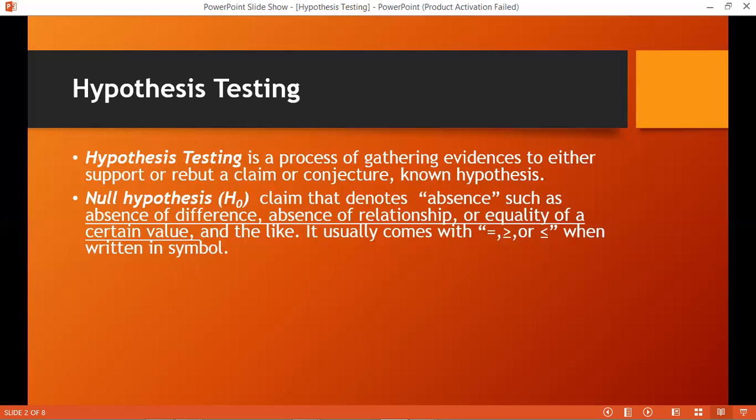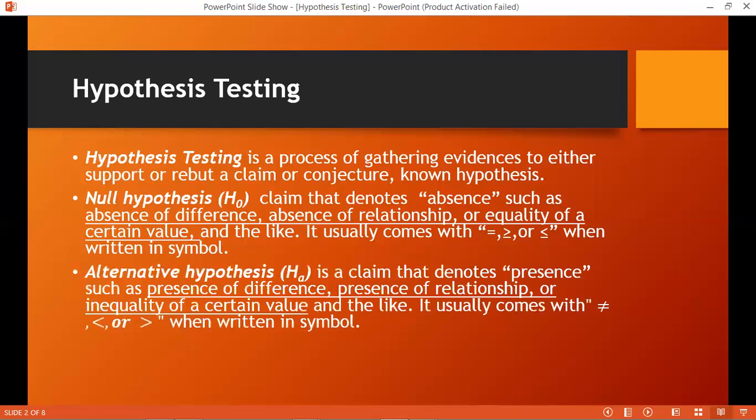It usually comes with the symbols equal, greater than or equal, or less than or equal when written in symbol. So when we talk about null hypothesis, this is where you say walang difference ang average mo sa average ng iba, parang ganun. Walang relationship ang age sa imuhang grado, walang relationship ang imuhang pagkadugay matulog sa imuhang grado, etc.